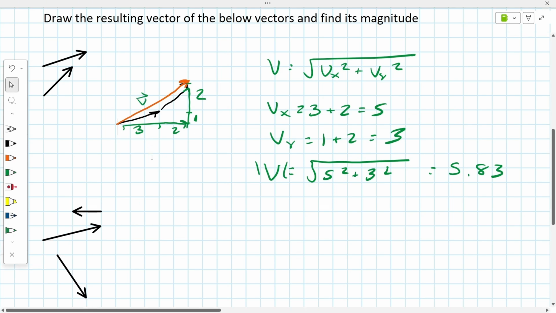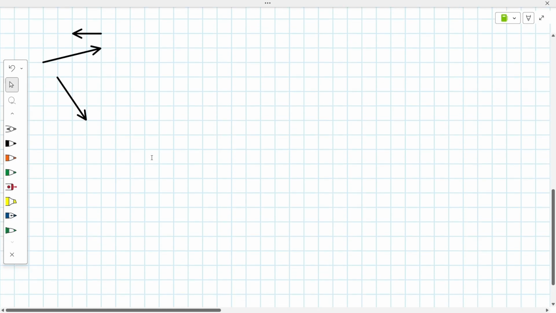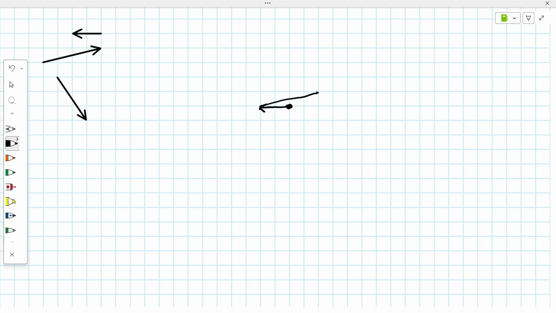Alright, so let's do another example. So now we have them moving in a bunch of different directions. So we'll follow the same steps. We'll give the start point right here. And so we first have just a 2 unit vector right here. And then it goes up 1 and over 4 to the right. So we can draw that in.